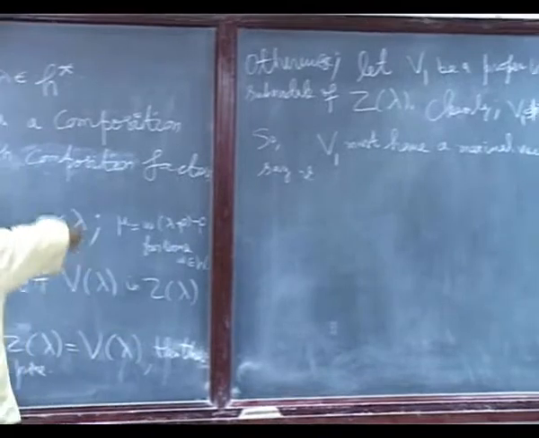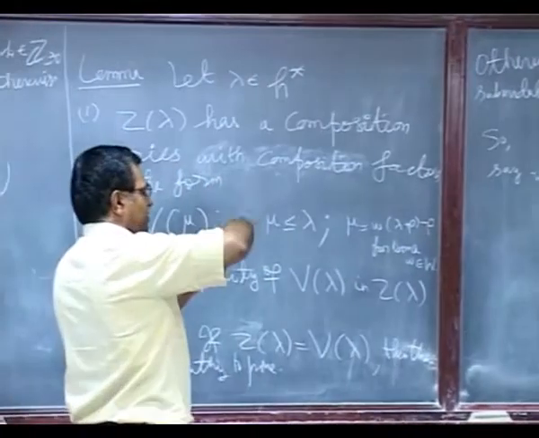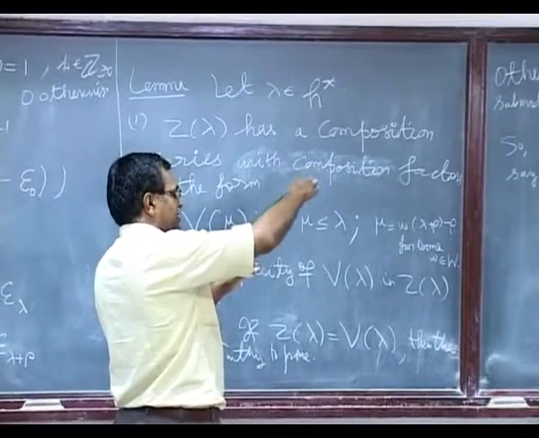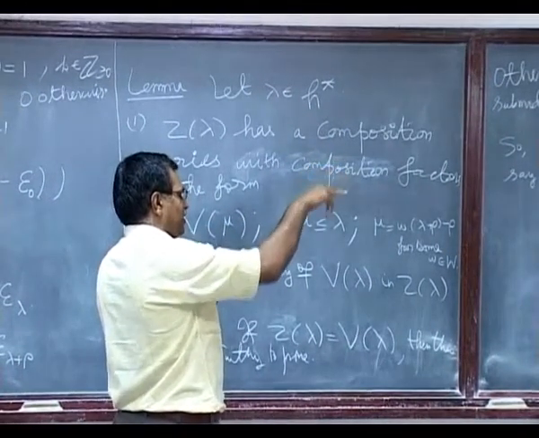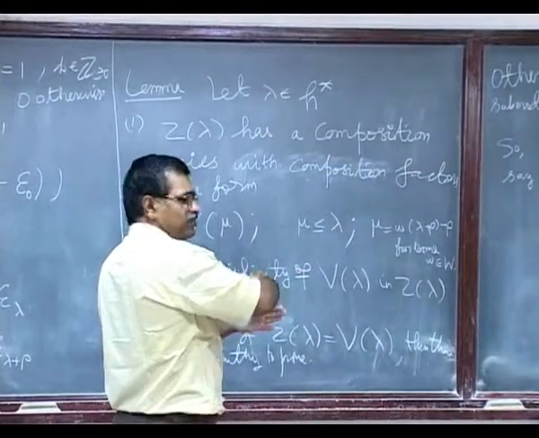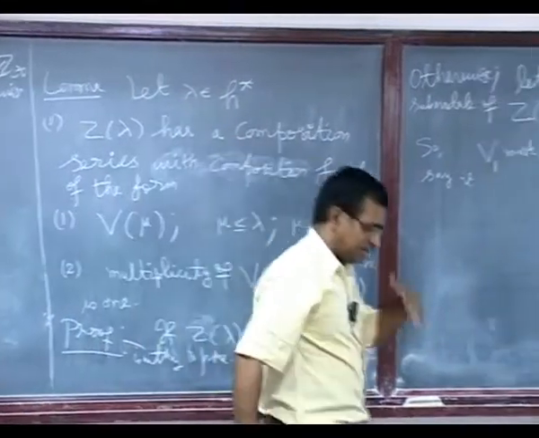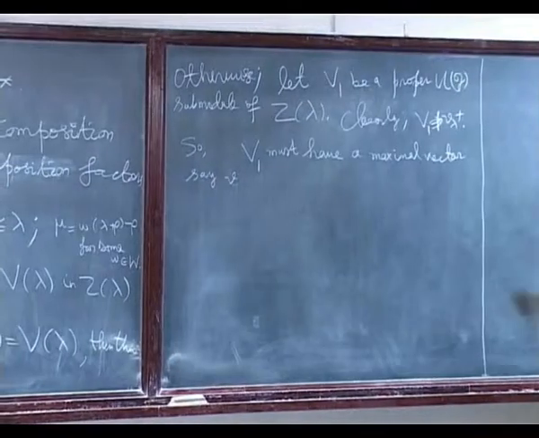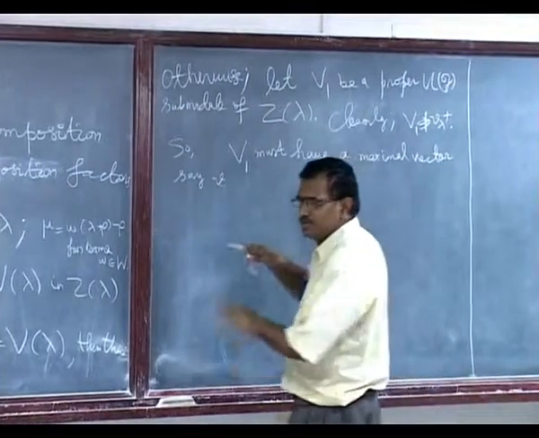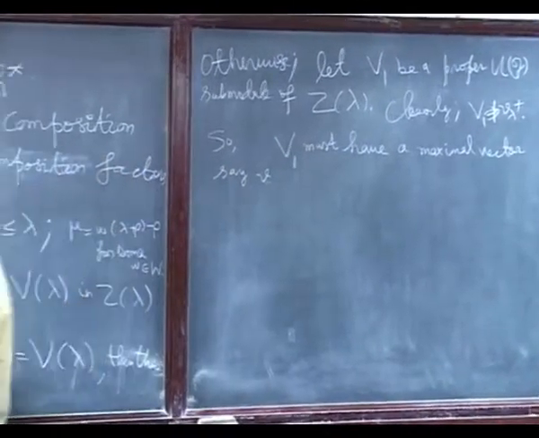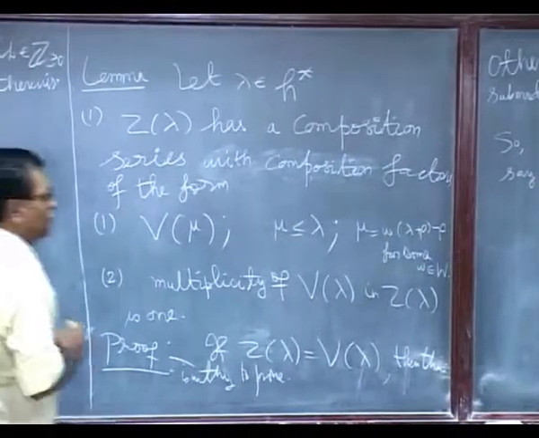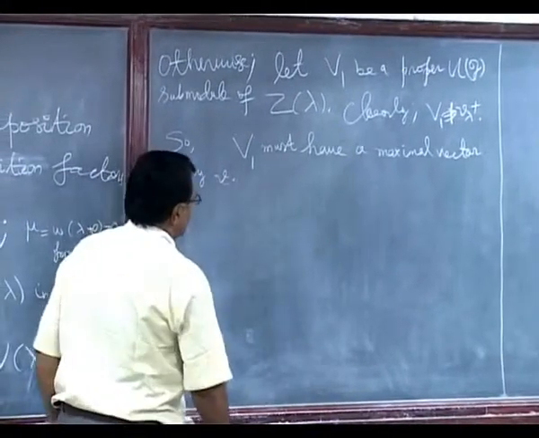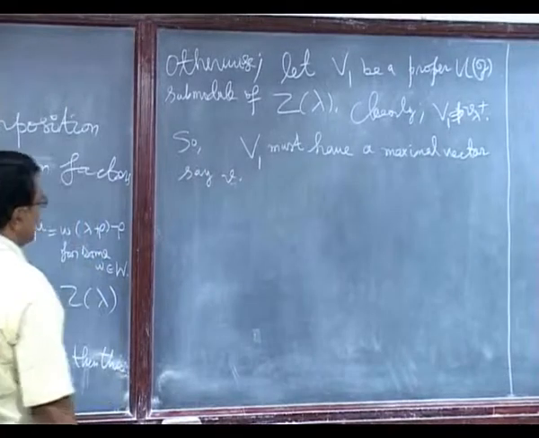Otherwise, you can use the weight arguments. Since lambda is maximal, any weight is therefore less than or equal to lambda minus sigma m_i alpha_i. Start with the weight, and you can keep on adding finitely many positive roots again and again. Then at some point there will be a weight mu such that mu plus alpha will not be a weight for any simple root alpha. So such a mu, of course, will exist. So therefore, such a maximal vector exists. Okay.